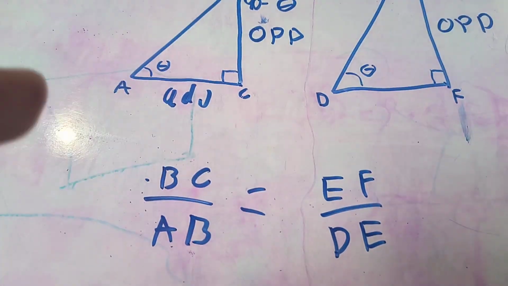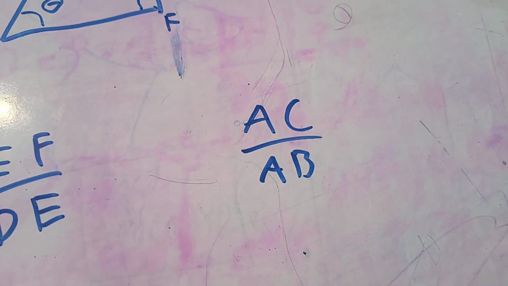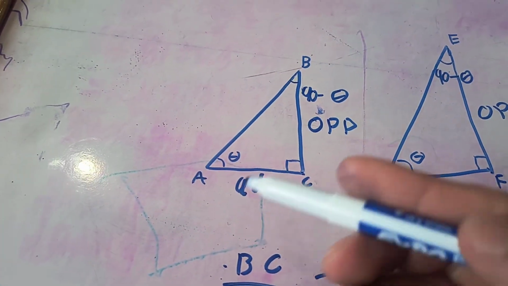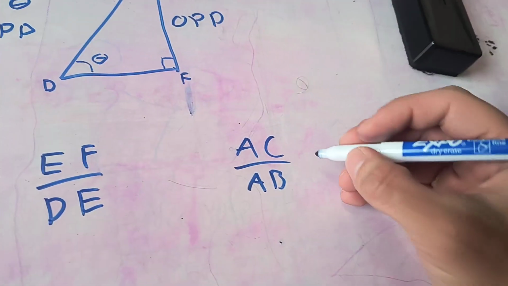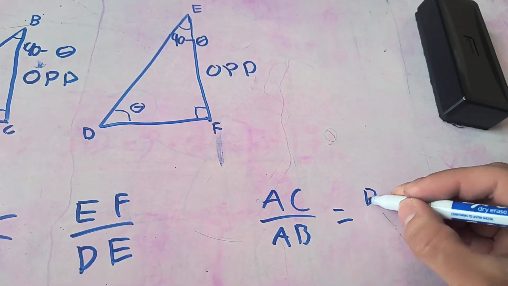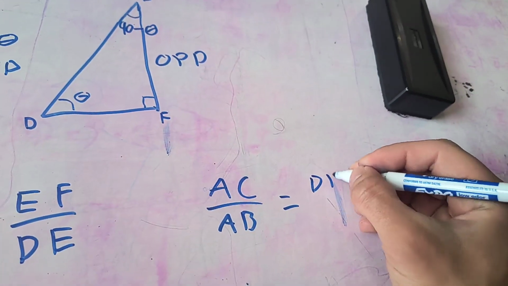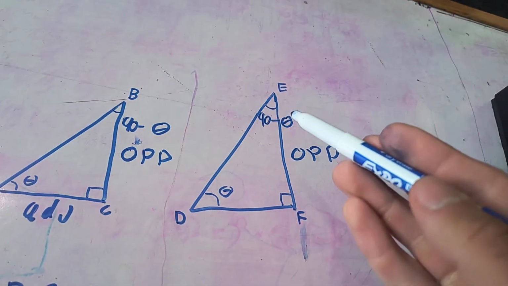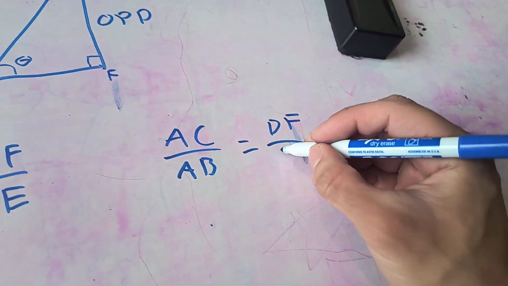So right here, AC over AB is going to be equal to DF over DE.